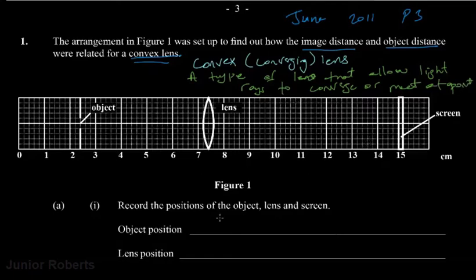I know I'm just trying to squeeze it in right here. Is the writing legible enough to you guys on your end? Okay, good, thank you. So a converging lens allows light rays to converge or meet at a point.